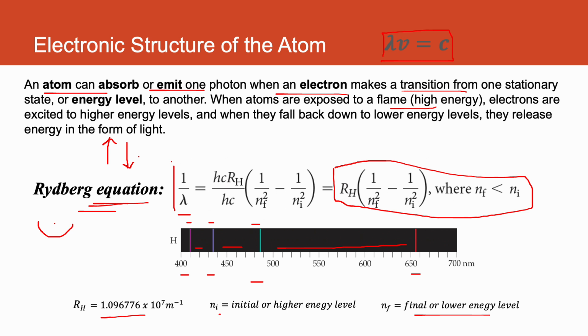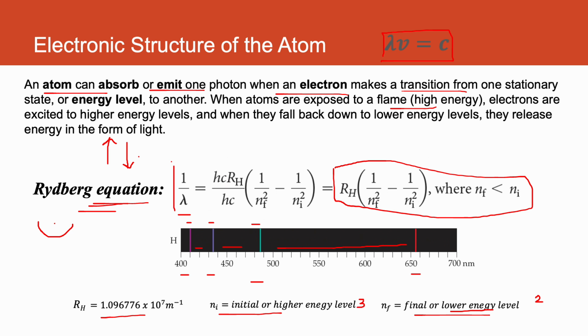Okay, and your ni naman is the initial or higher level. Okay, so if you emitted from say 3 to 2, then your final lower orbital or energy level would be 2, and your ni naman is your higher energy level, it would be 3.